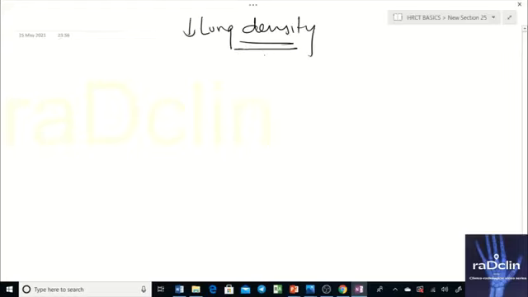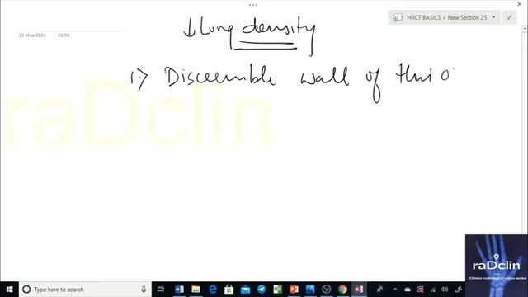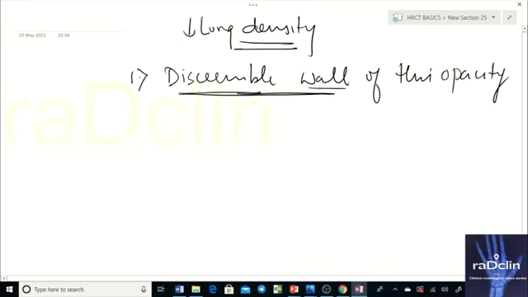The first important thing is whether there is a discernible wall of this opacity. Meaning, in this reduced lung density, is there a clear-cut wall or not?